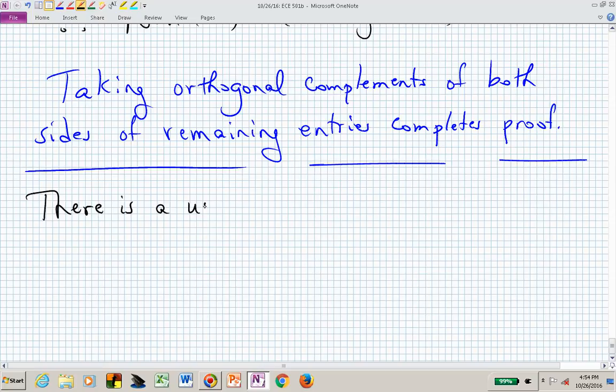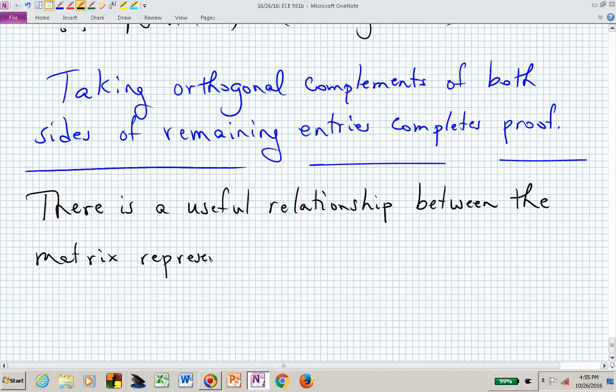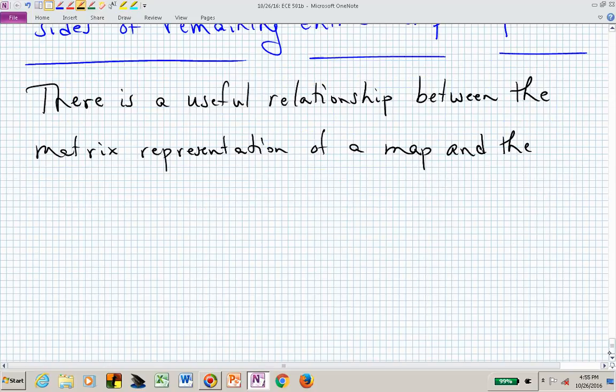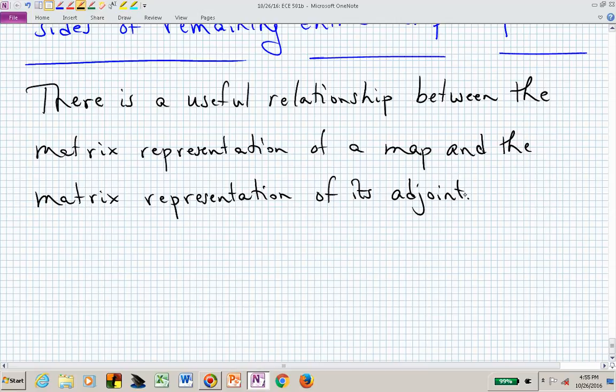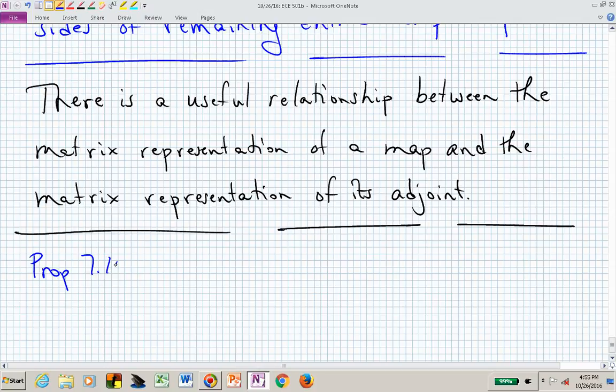There is a useful relationship between the matrix representation of a map and the matrix representation of its adjoint. And that's actually proposition 10 in chapter 7.